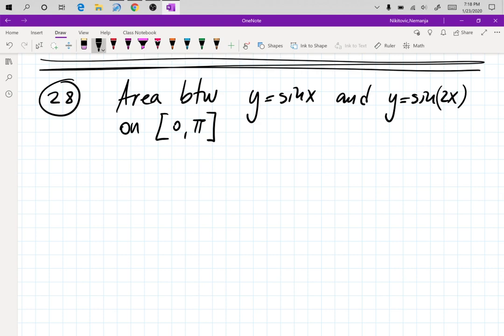We know that sine 2x equals 2 sine x cosine x.